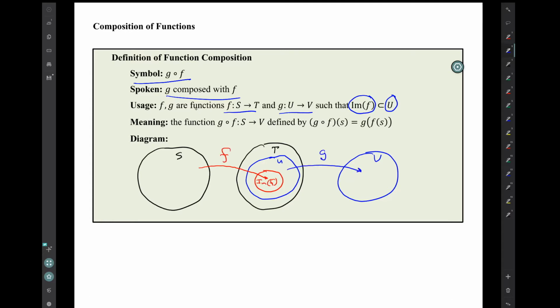Here's a diagram showing that the domain of f is this set S over here, and the image of f is this set here, this red set. The range of f could be bigger. It could be this larger set, capital T. But the thing that's important is that the image of f has to be contained in this blue set that's the domain of g. So this composition is equivalent to this map.